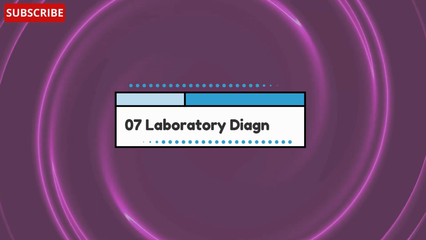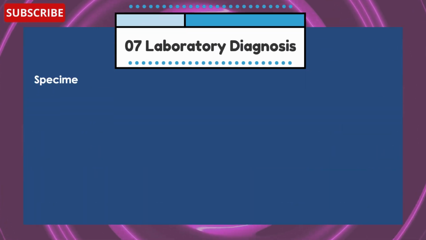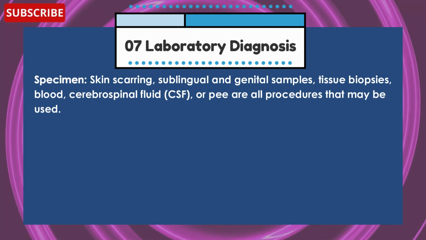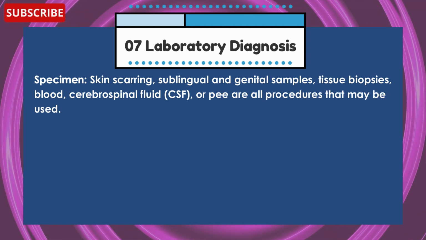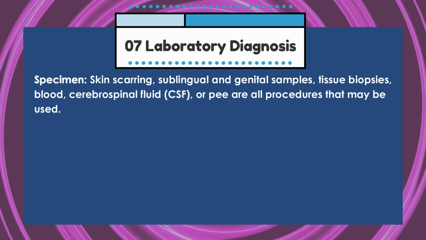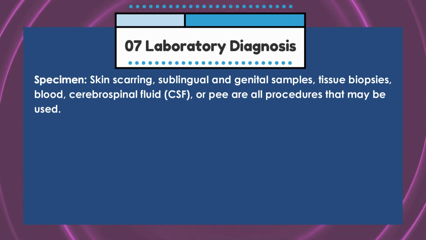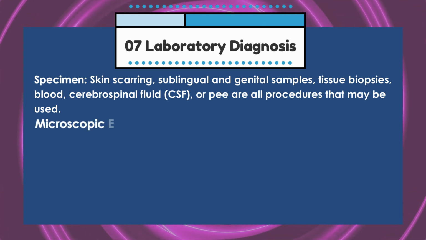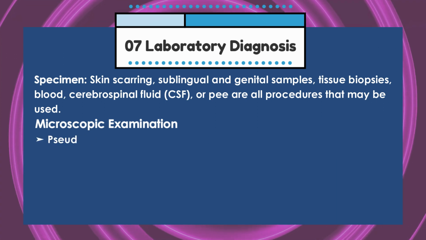Laboratory diagnosis of Candida tropicalis. The specimens are skin scrapings, sublingual and genital samples, tissue biopsies, blood, cerebrospinal fluid, or urine. Next, microscopic examination.